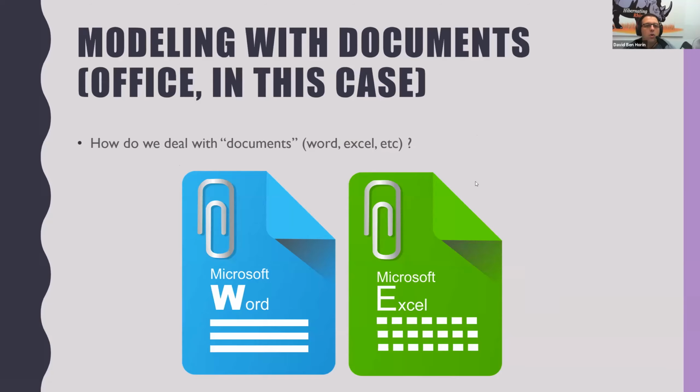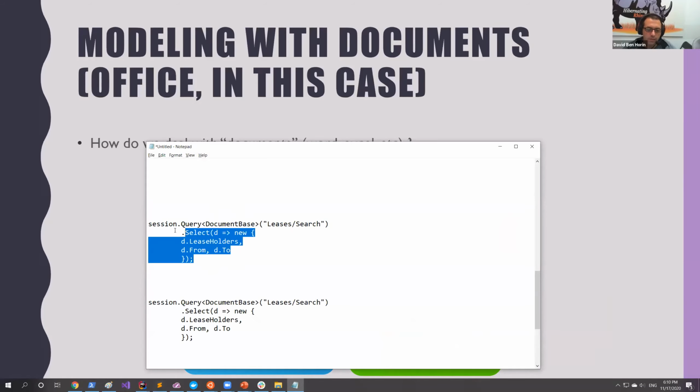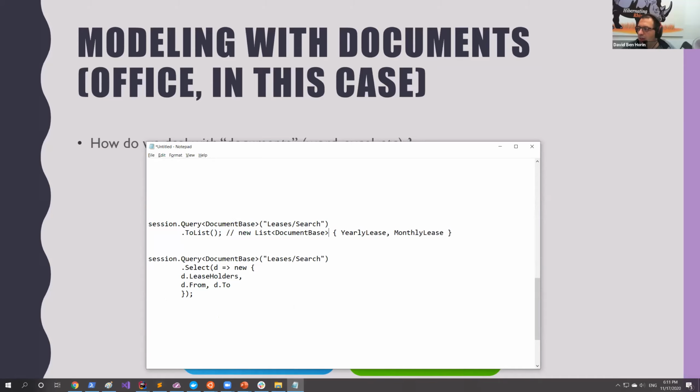Okay, so the issue is here, whether we're going to do this or this. Now, the idea here is that you're not going to get the base type here. You're going to get a list of the base type. So it's actually a list of, and then you're going to get an instance of yearly lease and then an instance of monthly lease, etc. Now, why does it matter?